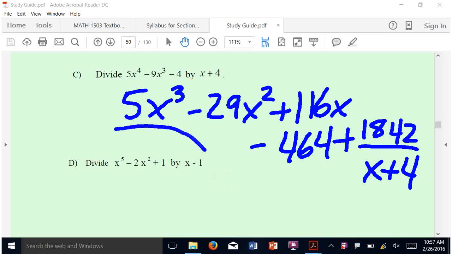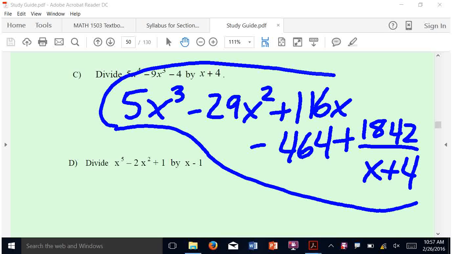Okay, so that is our final answer. Notice that this remainder goes on top of the divisor, so the divisor goes on the bottom of the remainder.